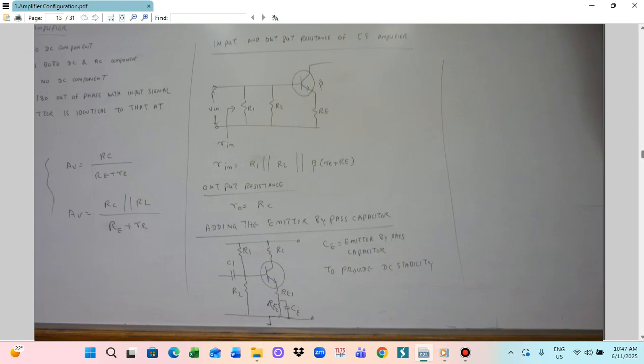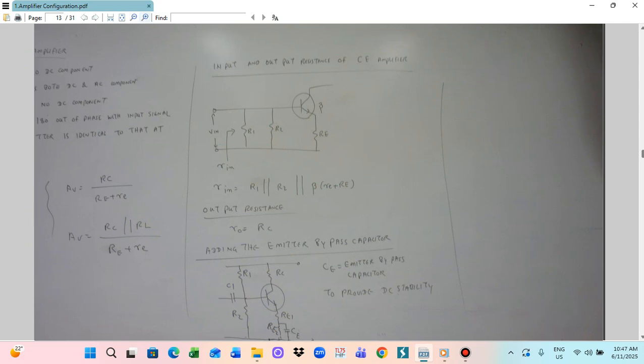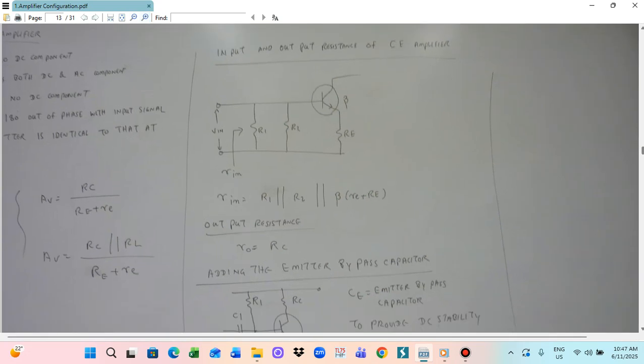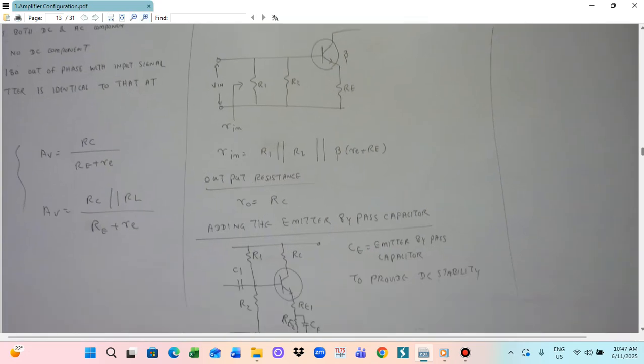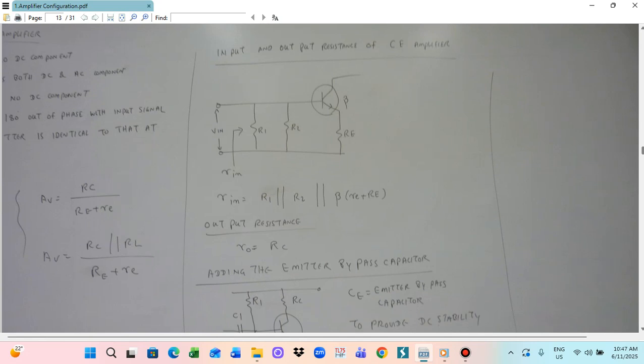The input resistance: this is R1, this is R2. We get the input voltage, this is VIN. This is the RE, and this is the beta. In this case, we can calculate for Rin, the input resistance.